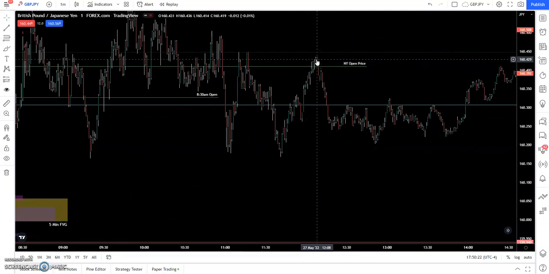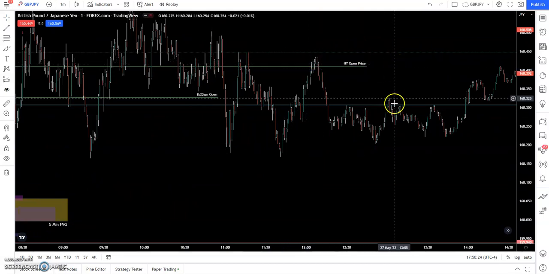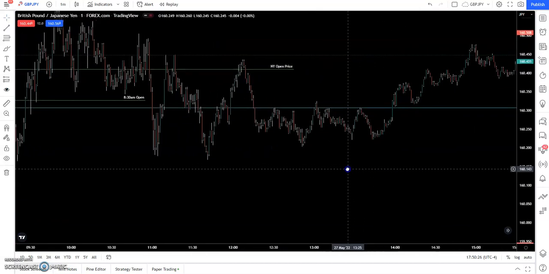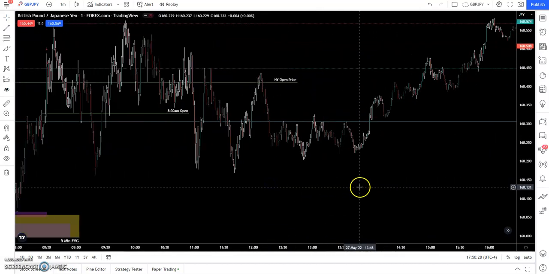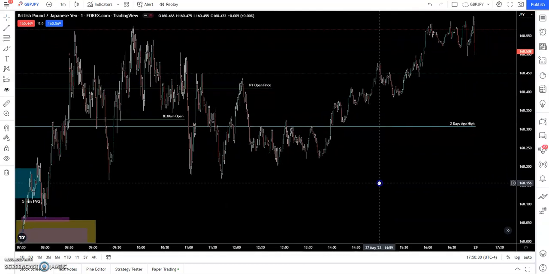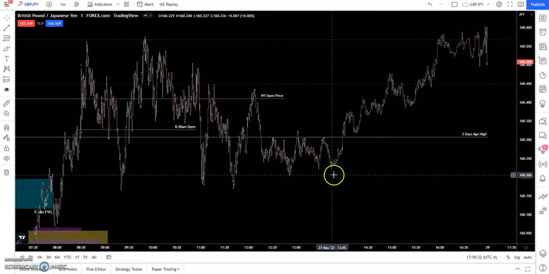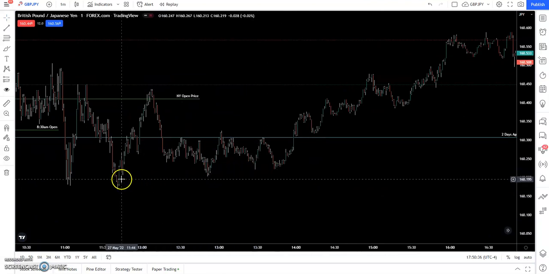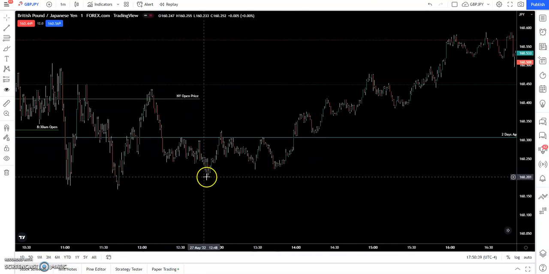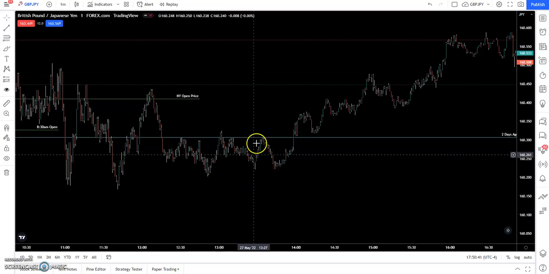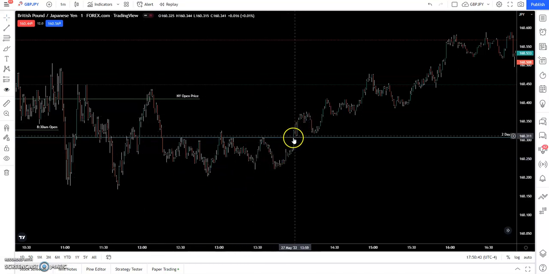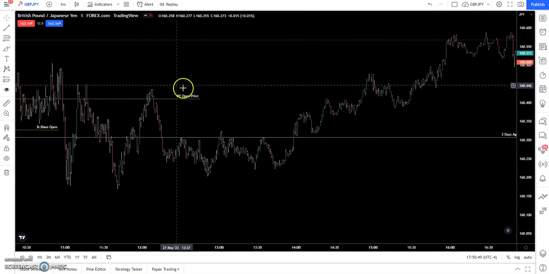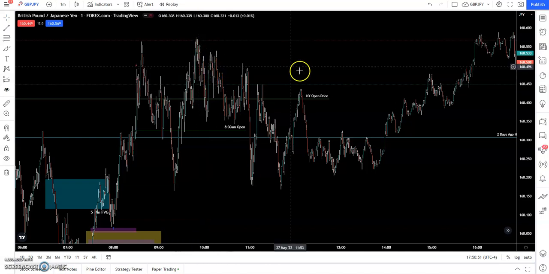Now obviously noon and 1 o'clock we don't take any trades, and I didn't plan to trade the New York afternoon session or the New York PM session, but as you can see we still had this fair value gap coming in here. Market decided to go up, fair value gap here, entry could have been here at 2 o'clock, and we could have ridden to the highs of this candle.